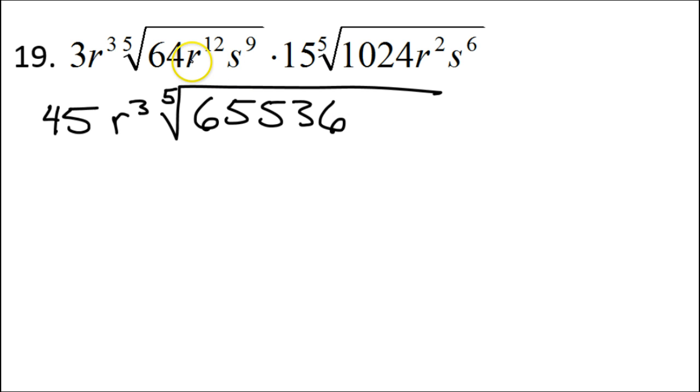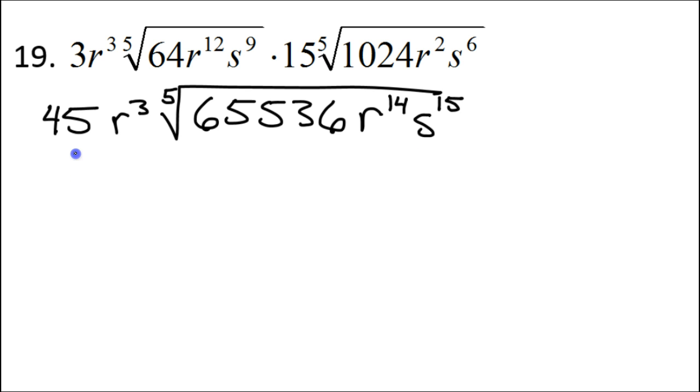And then we have, let's see, r to the 12th power times r squared. That's going to be r to the 14th power. S to the 9th times s to the 6th will be s to the 15th power. Now we've made it all into one problem.